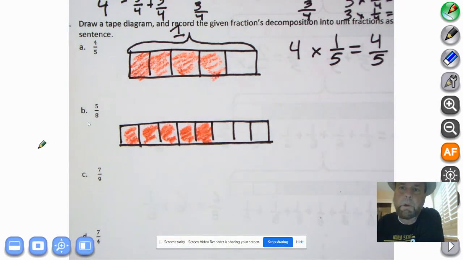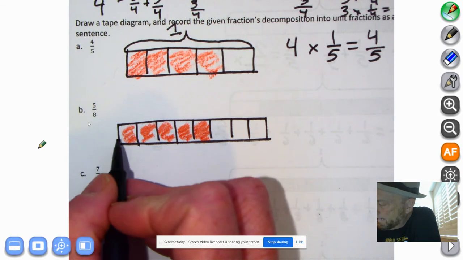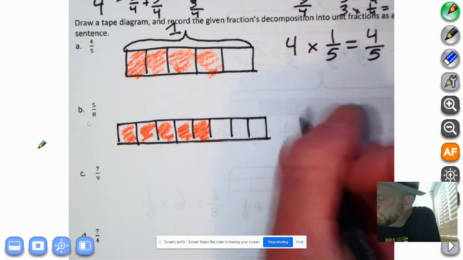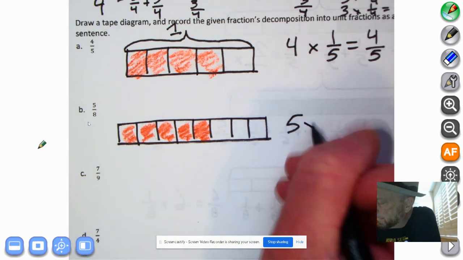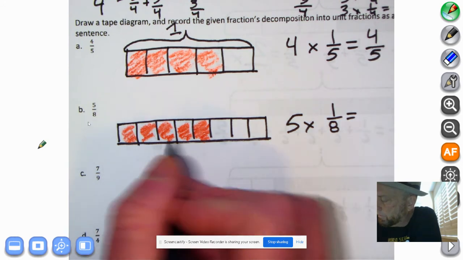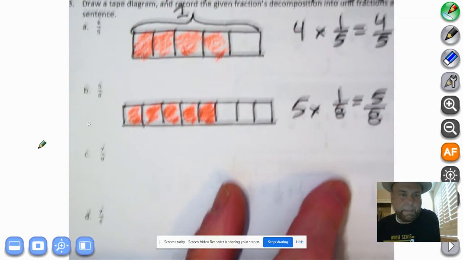Okay, now we're going to use my multiplication sentence. So I'll take 1/8, right? 1, 2, 3, 4, 5, 6, 7, 8. 5 times 1/8 equals 1/8, 2/8, 3/8, 4/8, 5/8. And there we have it.